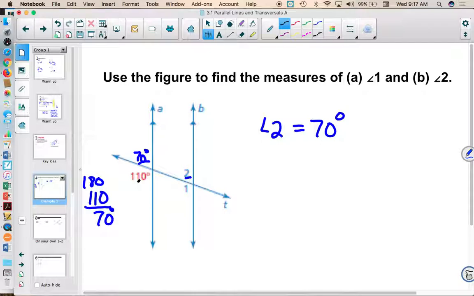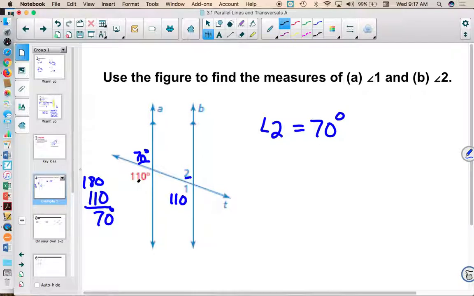What about angle 1? What does it measure? If I know angle 2 is 70 degrees, Dakota, what is angle 1? Just take 180 minus 70, 110. 110 degrees, good.